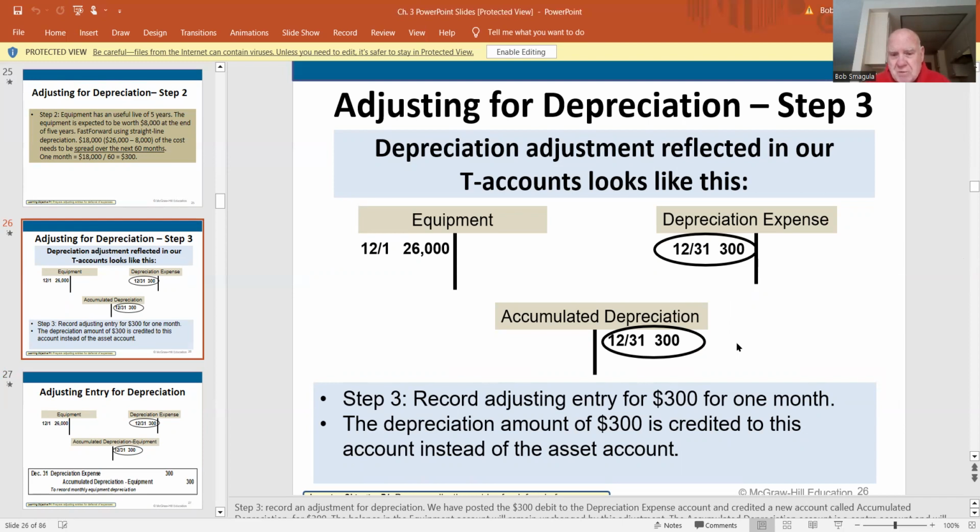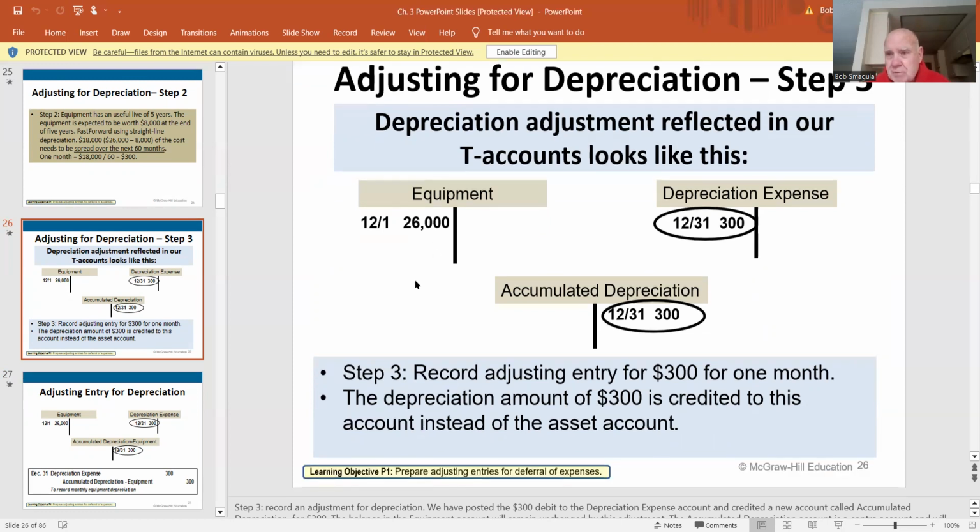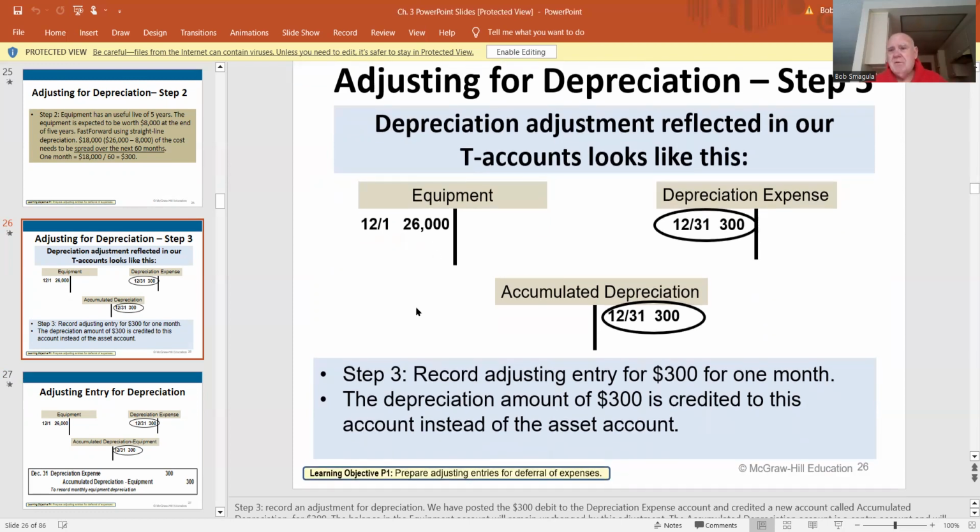The depreciation amount of $300 is credited to accumulated depreciation instead of the equipment. You see that equipment there, that $26,000? That's never going to change. That number is going to be the same. What's going to offset it, though, is what's called a contra asset named accumulated depreciation.